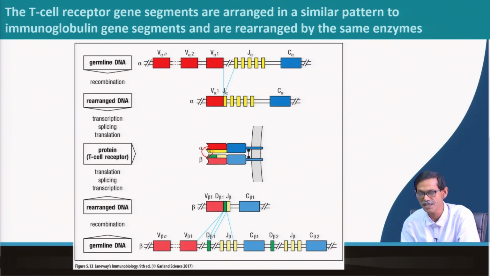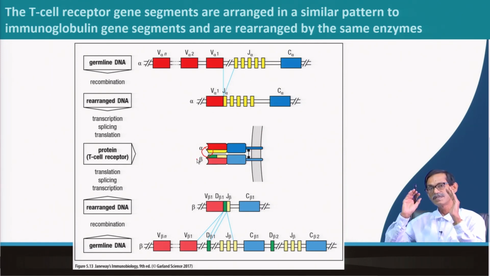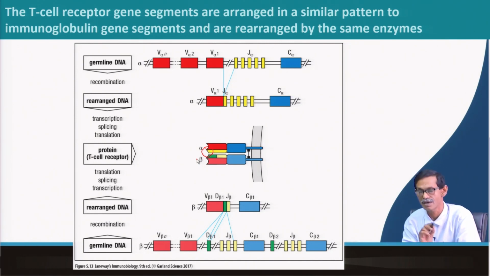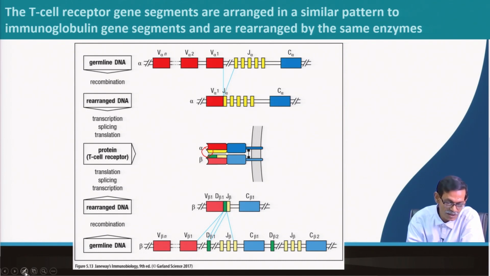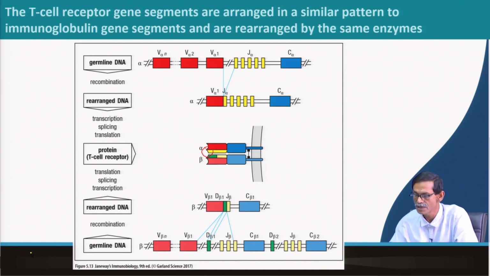So, in the T cell receptor, the central part is very important. Why? If you remember correctly, the T cell receptor cannot recognize antigen alone. It must be presented by MHC. Okay. So, if I draw the MHC, like we have seen, this yellow is not very clear, right.